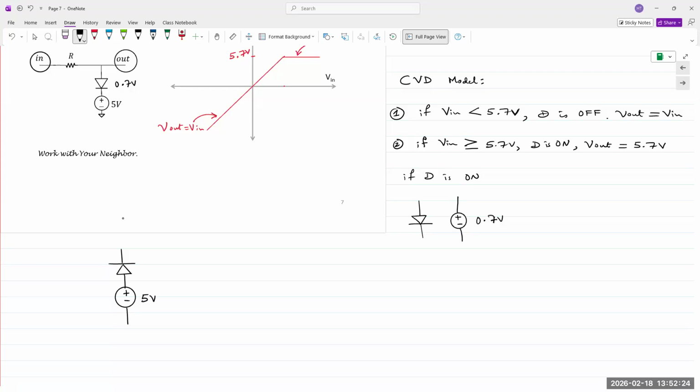Sorry, yeah. Let me write a voltage of the battery. Yes. So the anode is held at 5 volts. That means the diode cathode needs to be below 5 volts. So as long as V in is below 5 volts, the diode will be on.